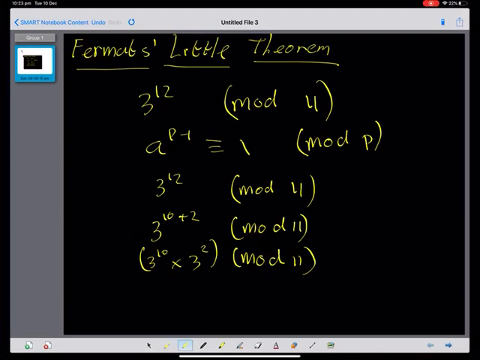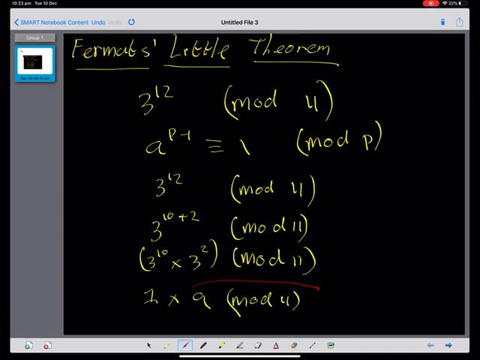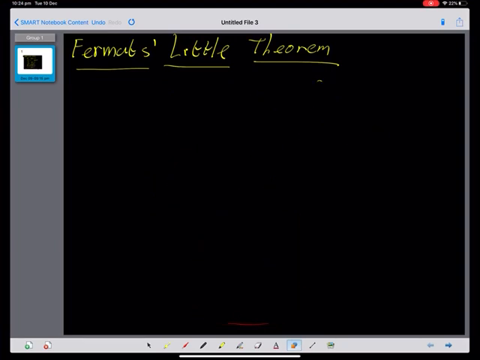We know by Fermat's little theorem that 3 to the 10 is just simply 1. 3 squared is 9, and we're still in mod 11. So our answer is, circle this, 9 mod 11.